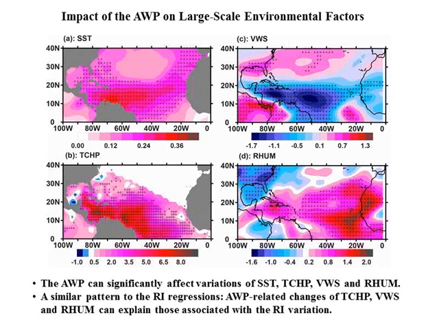We see a significant regression over this region, and the TC heat potential also shows significant regression, and vertical wind shear too. Remember the figure I showed you earlier; this is similar to that regression, which means the Atlantic warm pool is very important for hurricane distribution.